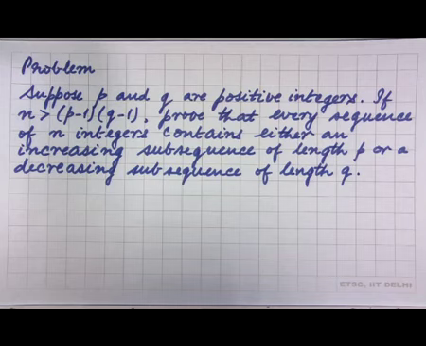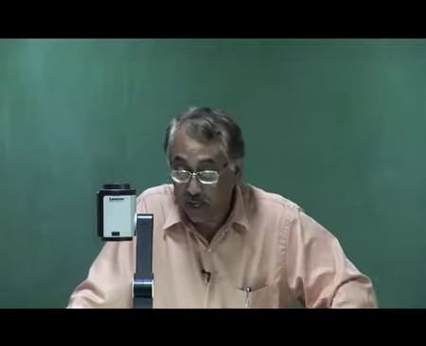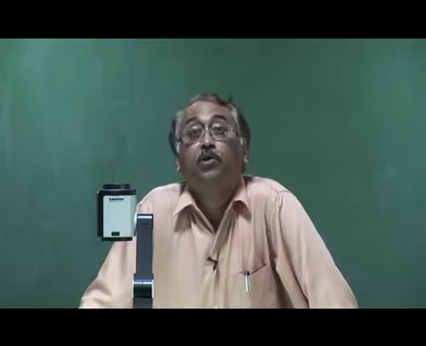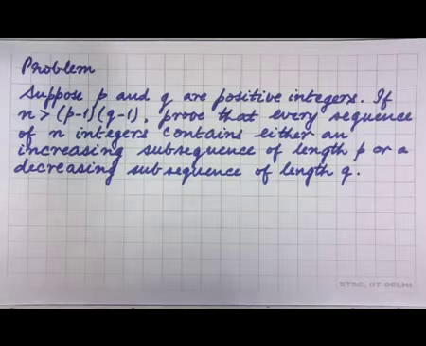So let me hold that slide for a bit, because it will take a while for this whole thing to sink in, and then I will try to work out what I'm trying to prove out here. So again, p and q are positive integers. N is bigger than some quantity that involves p and q. You're given a sequence, which means you are given a set of numbers ordered in a particular manner.